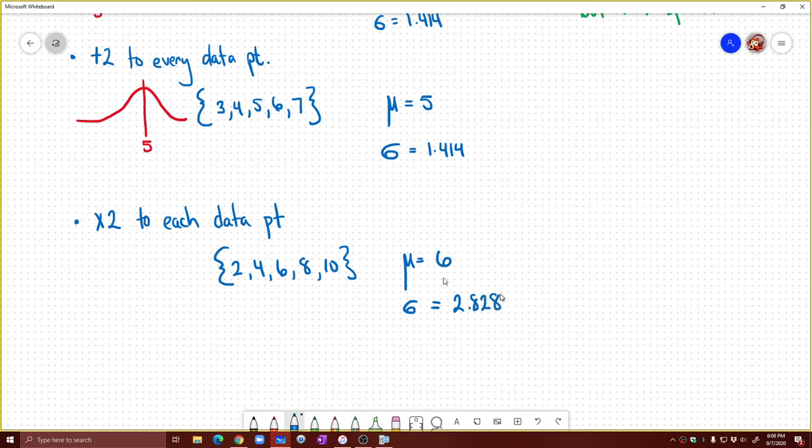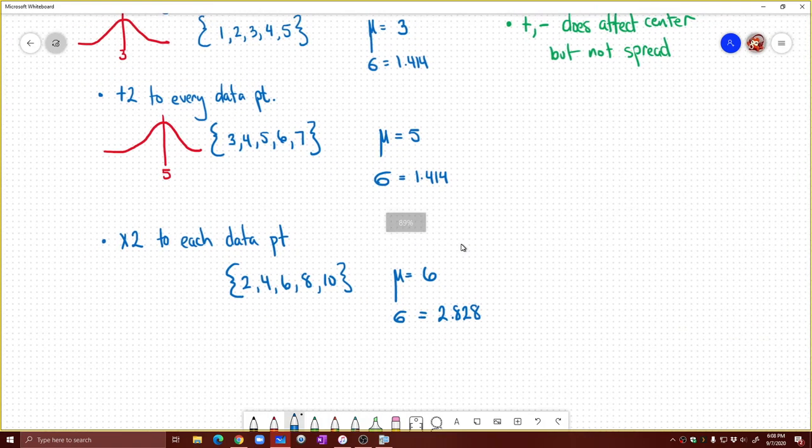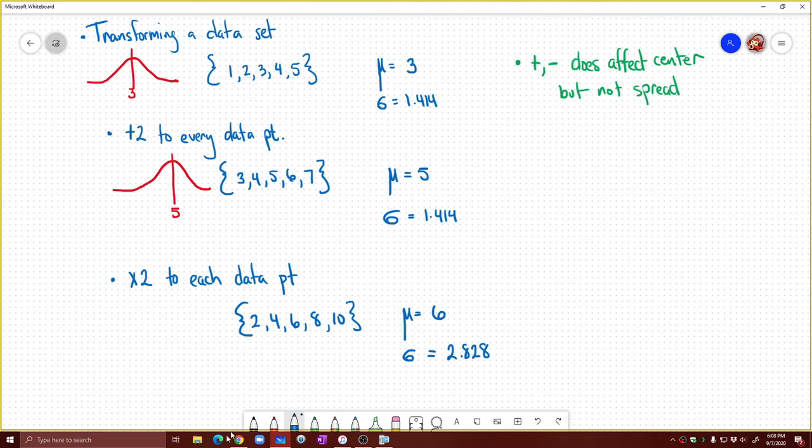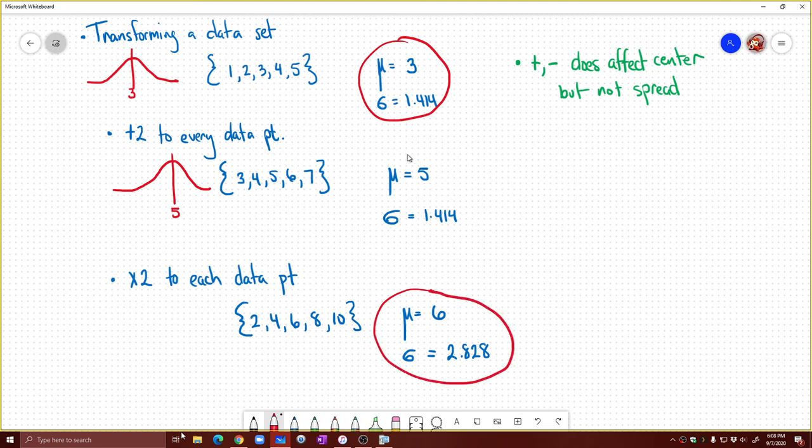Okay, so now this time, and I'm going to zoom out here so we can have both numbers, you can see comparing the original statistics to the new statistics. So now this time both the mean and the standard deviation changed when I did this multiplication. Okay, so let's first talk about the mean. Well, what did we see happen with the mean? It was 3, it's now 6.